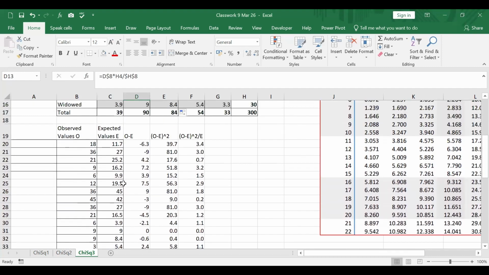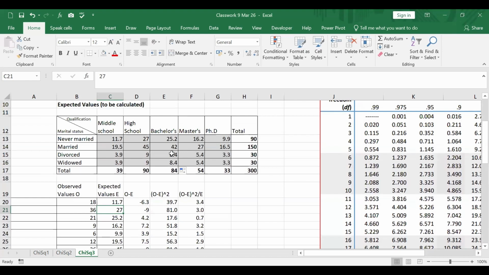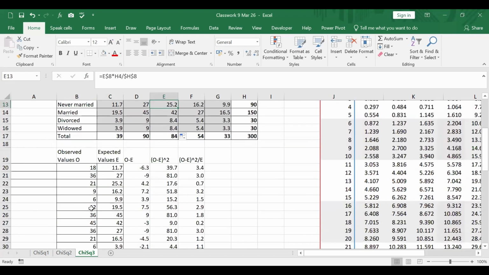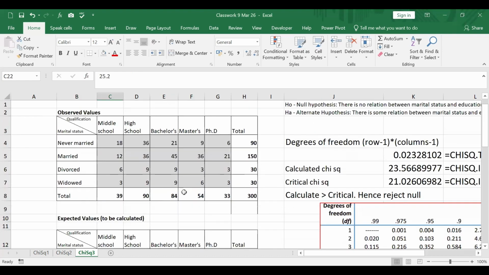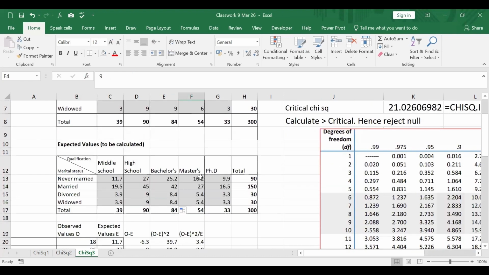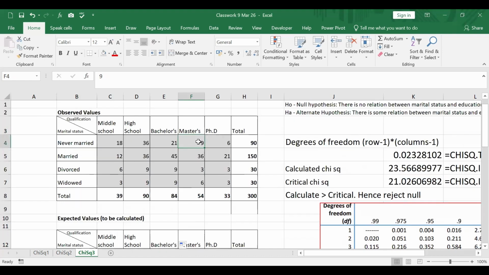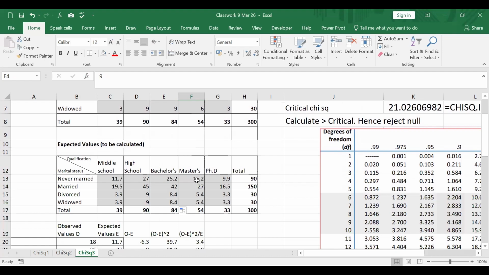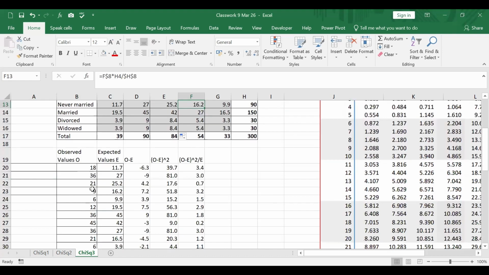So you have to finish all these individual things. 21 corresponding 25.2. Then 9 corresponding, masters, 16.2.